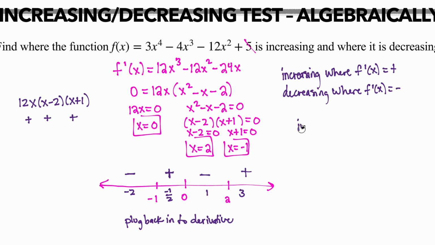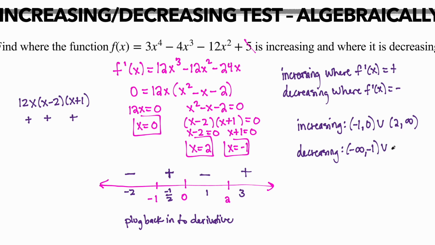So my increasing intervals will be from -1 to 0, and then from 2 to infinity. Decreasing, where I'm looking for my negatives, is going to be from -infinity to -1, and then from 0 to 2. And that would be my answer algebraically.